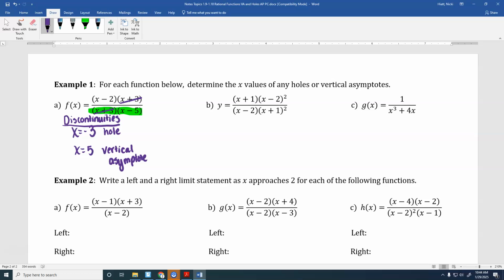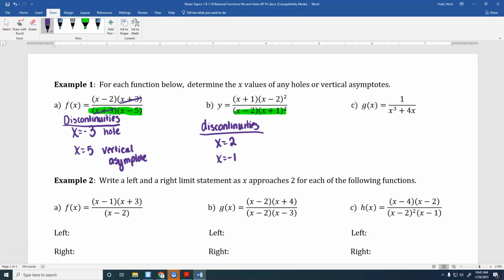For B, we've got x minus 2 and x plus 1 in the denominator. So definitely I have discontinuities at x equals 2 and x equals negative 1. Either one of those numbers gives me a 0 in the denominator.